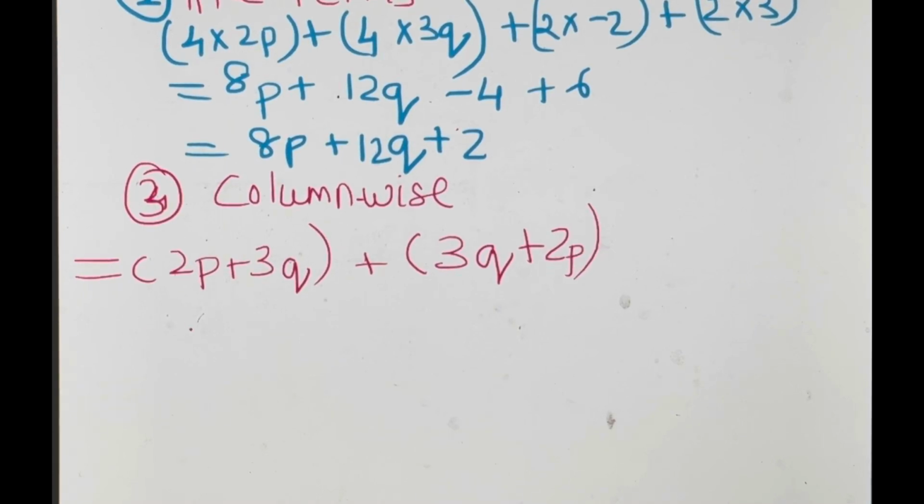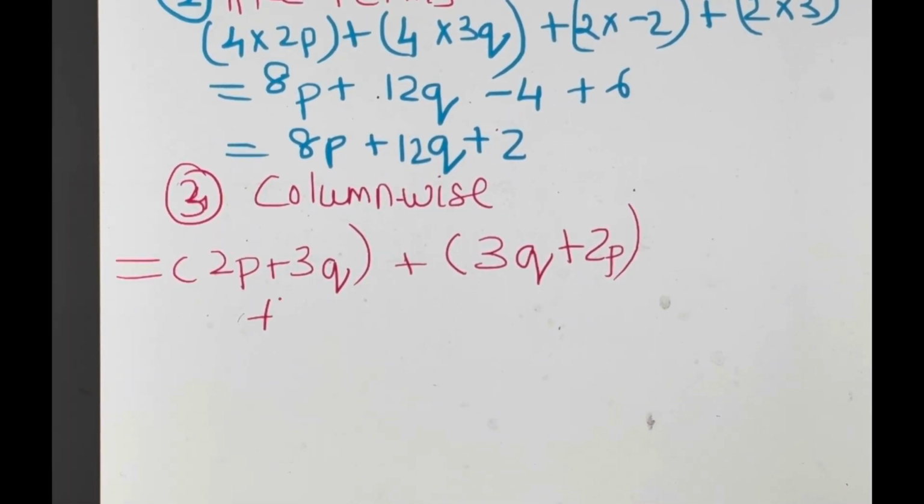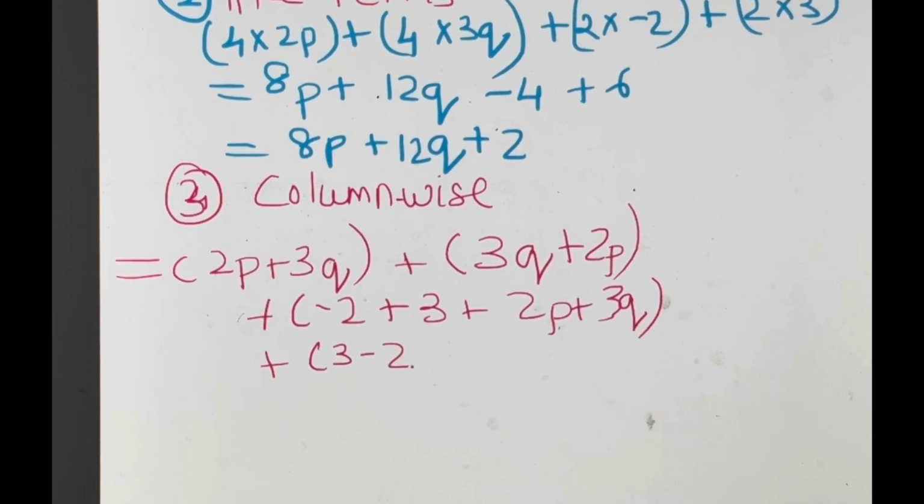I am writing it just below this, right? So first one, minus 2 plus 3 plus 2p plus 3q. And again, the last column is 3 minus 2 plus 3q plus 2p, right?